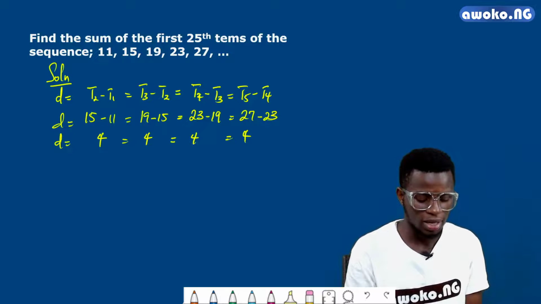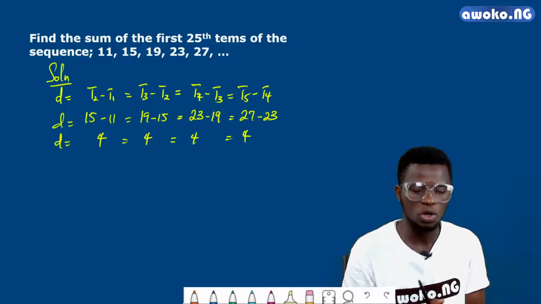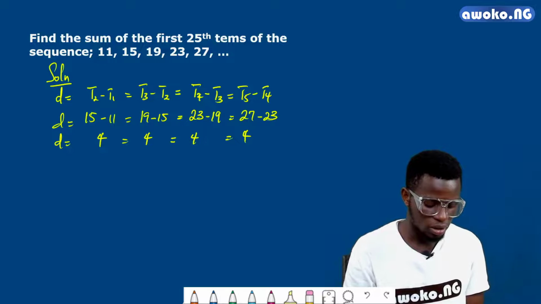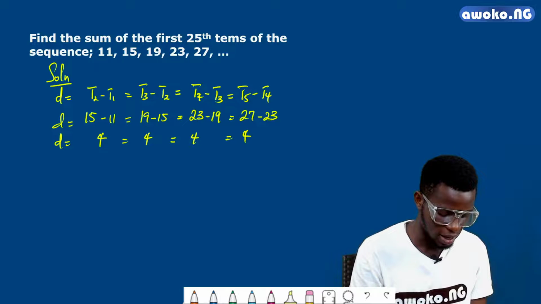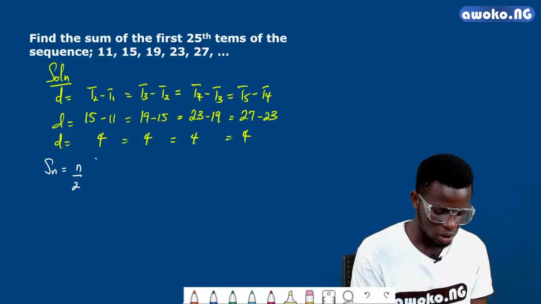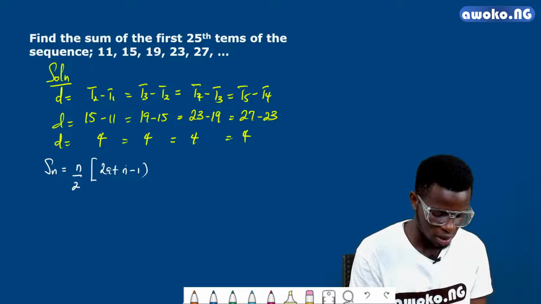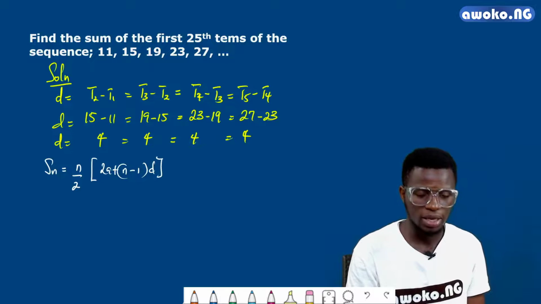Okay, now since that is said, we would have to look for the sum of the 25 terms using the equation over here. Sn is equal to n over 2 into 2a plus (n minus 1)d. And in this case, n is equal to 25.